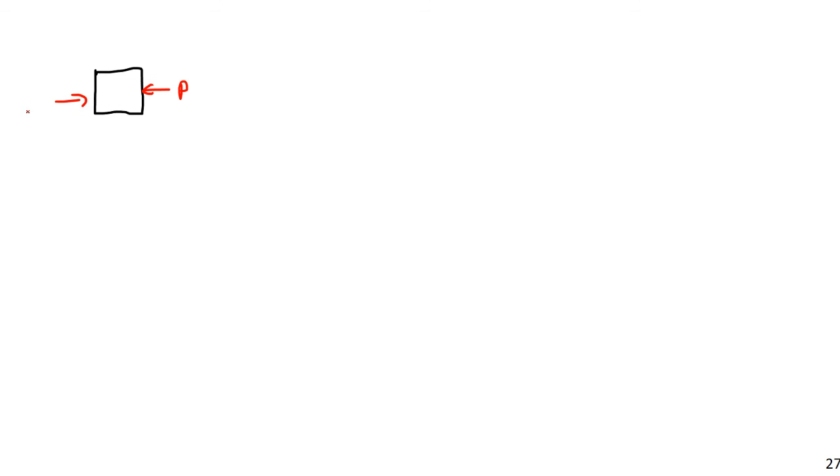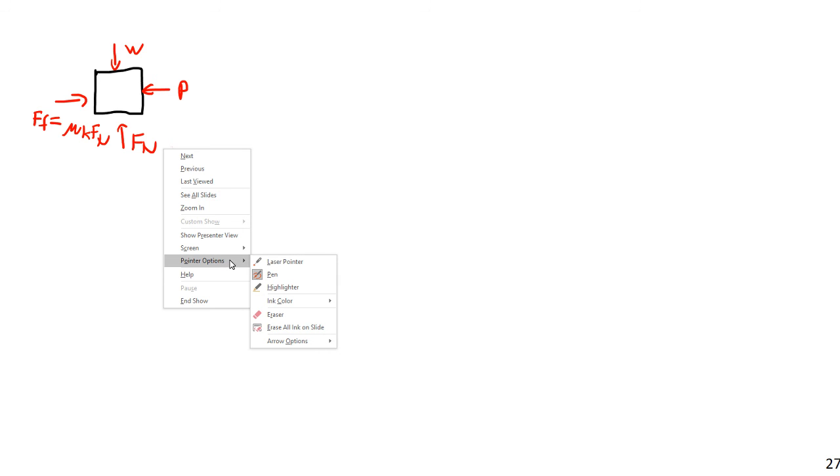So this is F friction equals mu kinetic F normal. This is F the normal force, F normal, and weight, or force of friction will just be mu kinetic times the weight. So I'm going to have T2 and T3.